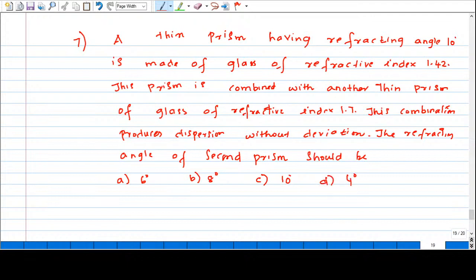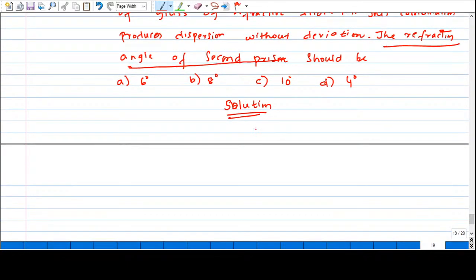See, the question asked is the refracting angle of the second prism. Remember this. So now what are the parameters, what are the values they have given? The refracting angle of the second prism, let us take as A dash. Now use my shortcut.